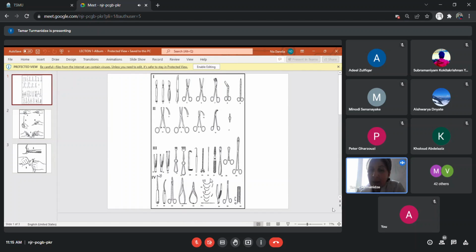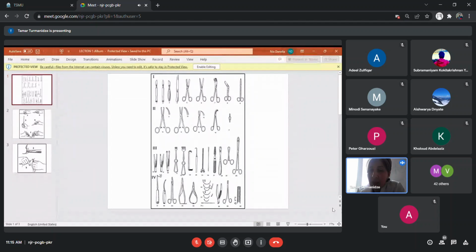Needles, we have different types. As you see in the picture, a needle may be curved, needles are of different sizes, a needle may be straight, a needle may be handled. This is a handled needle, the Deschamps needle. These are needle holders, by which the needle is held. A needle may be curved or half curved.